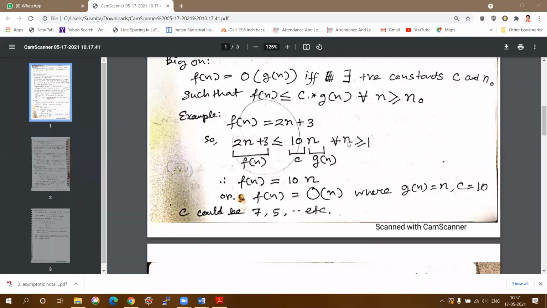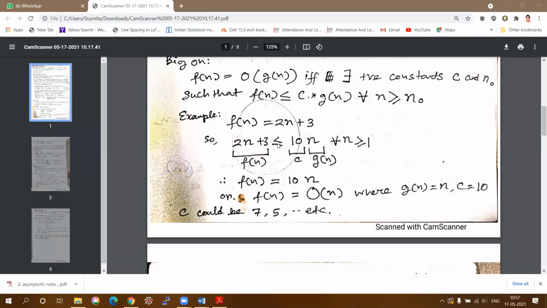If I take the value of n equals 0, then the left hand side becomes 3 and the right hand side becomes 0. So for n equals 0, it is not true. But when n is greater than or equal to 1, then it is true. Suppose I take n equals 1, then the left hand side becomes 2 plus 3 is 5 and the right hand side becomes 10 into 1 is 10.